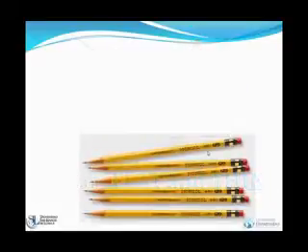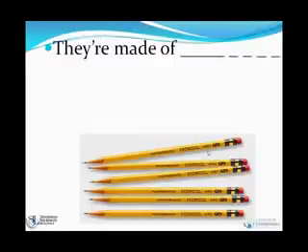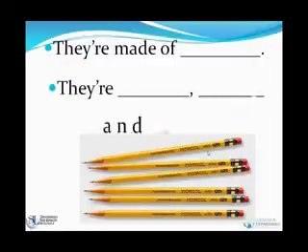Now, what can you tell me about these pencils? Can you describe them? Can you mention the material they are made of? Can you mention their shapes? Here, there is some help for you. But still, we need to complete the sentences.